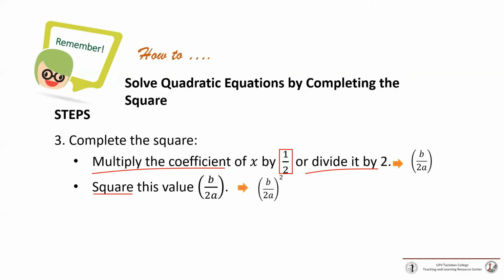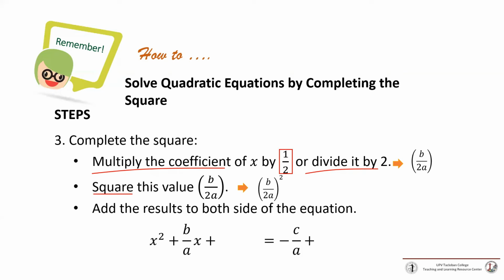After squaring that value, the result will be added to both sides of the equation. In other words, we add the resulting value after multiplying the middle term by 1/2 and then squaring it.